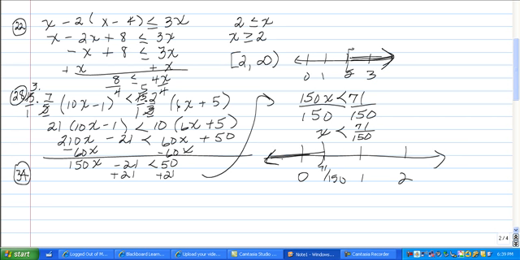And I think I just lost my page here. So hang on a moment while I get back to it.